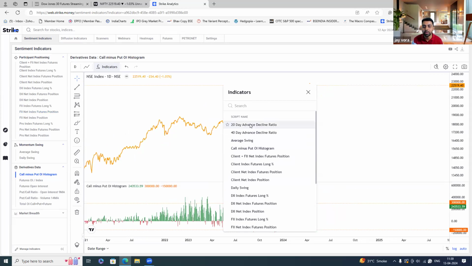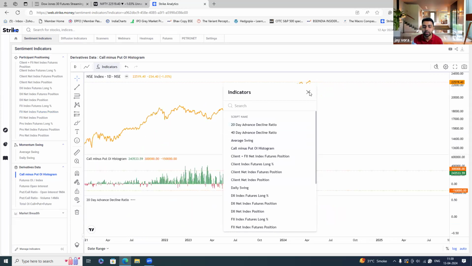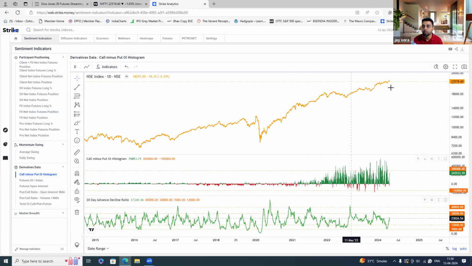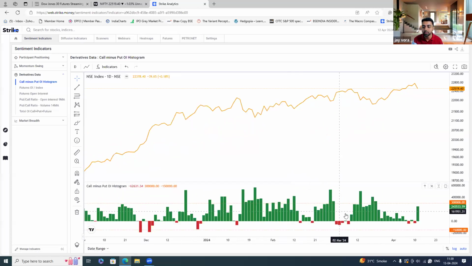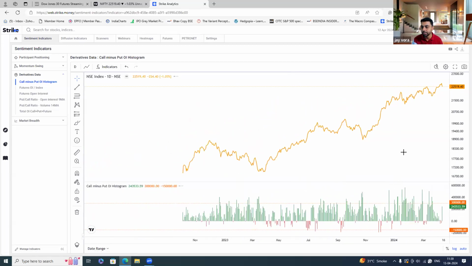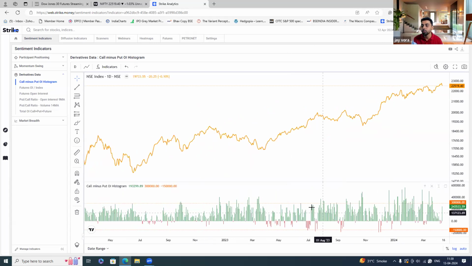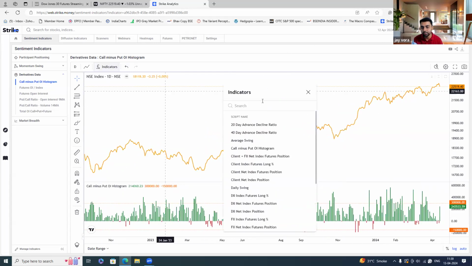Now the moment I select the 20-day advance decline ratio, it will come down. As of now, we don't have the provision to save it. When you go back to the other page and come back, you will only have one indicator selected. But over a period of time, we will bring in all those things, and eventually even technical indicators.